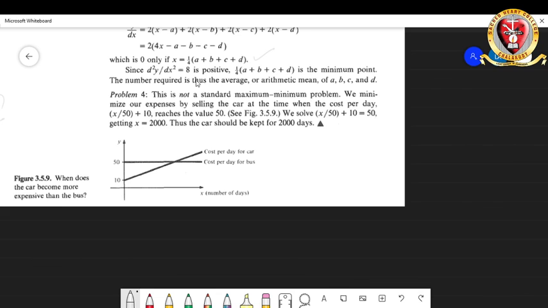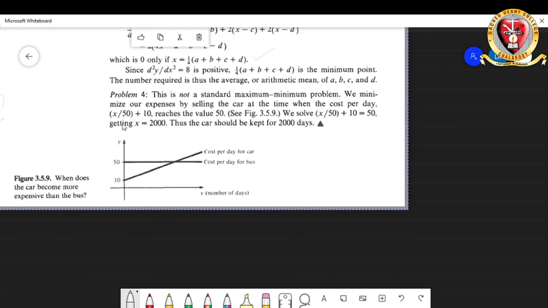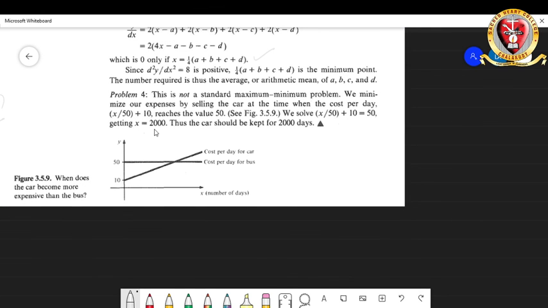So it cannot be called a standard maximum minimum problem. We have to minimize the expenses by selling the car at the time when the cost per day, which we found to be dy by dx, that is x by 50 plus 10, reaches the value 50. When the per day expense of the car reaches the value 50, we will sell the car.